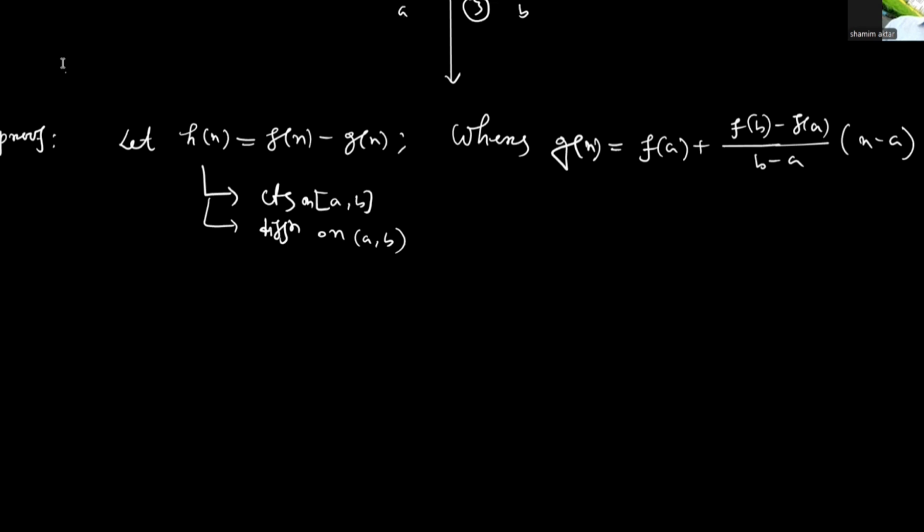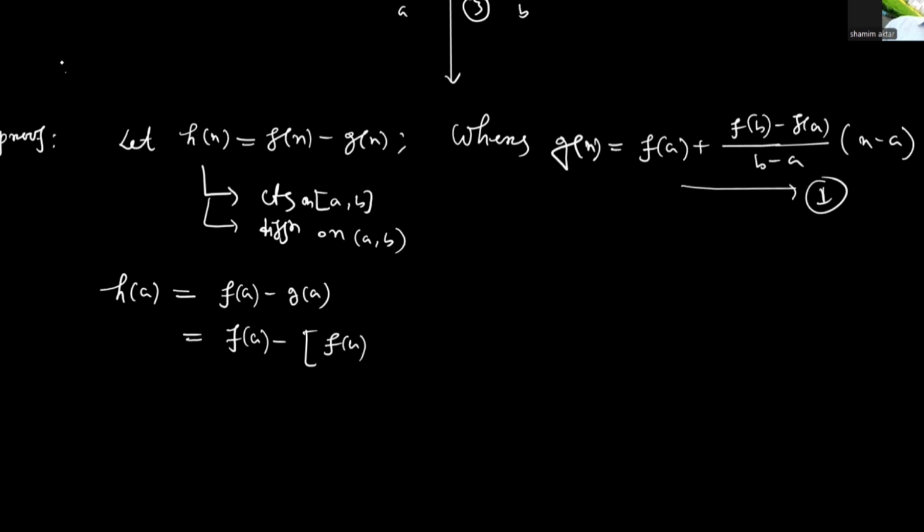Now h(a) equals f(a) minus g(a). So this equals f(a) minus, putting x equal to a in the function g(x), which we call equation number 1.